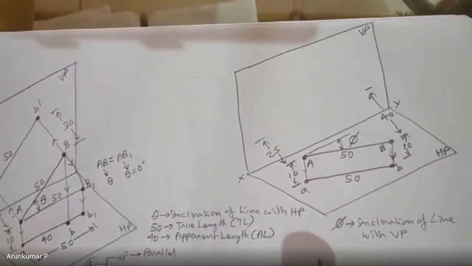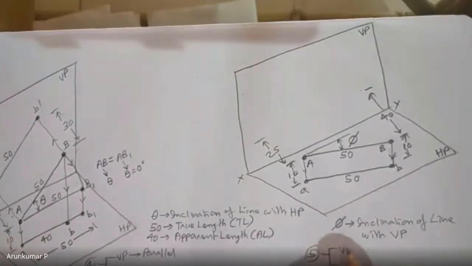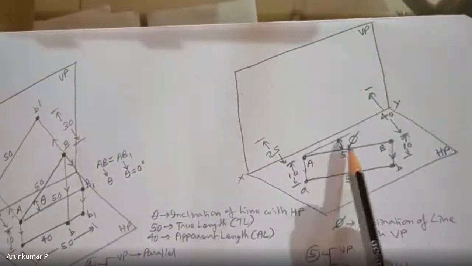So in the fifth case, the line AB is parallel to HP. How about its condition with VP?